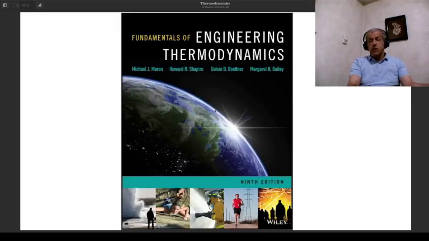The second book I introduce is by Moran and Shapiro. I found this book very good with the second law and availability analysis. It was also very good in the type of equations that it used and the way it introduced the equations for mass conservation, first law and second laws of thermodynamics.